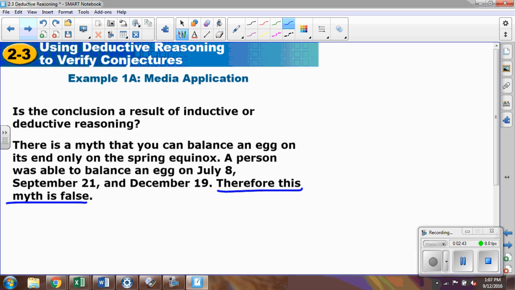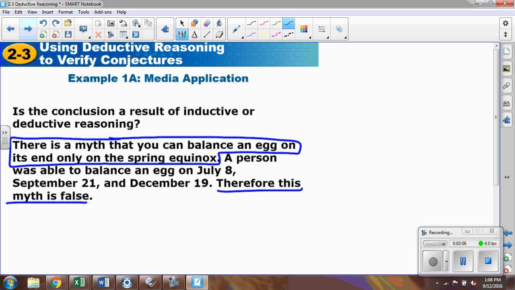You said deductive. Why? There is this piece right here that's making a claim. It's only possible to stand an egg on its end only on the spring equinox. That is a rule that is claimed to be true.